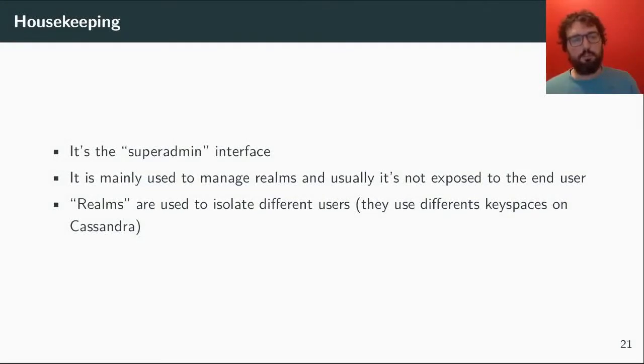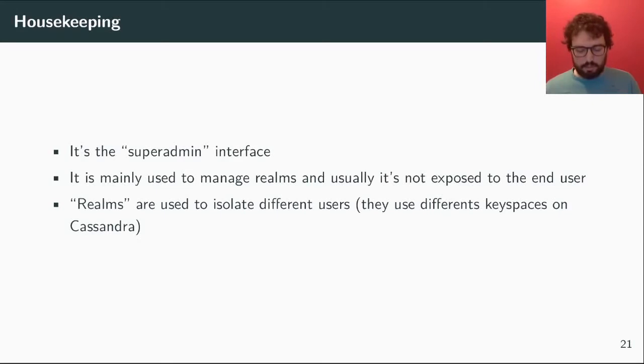So the first component in the hierarchy is Housekeeping, and it's basically the super admin interface. So you use Housekeeping API to create realms and delete realms, and basically that's it. So what are realms?